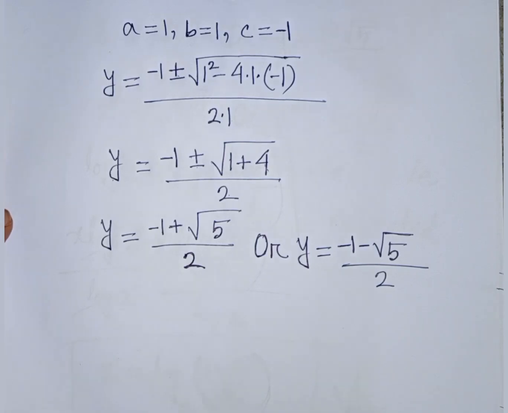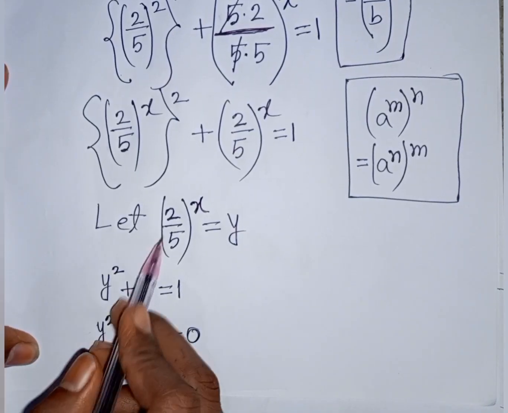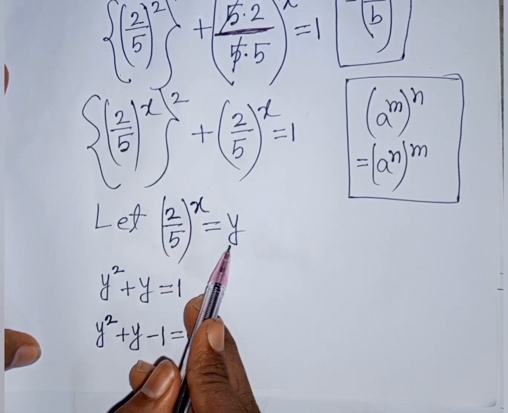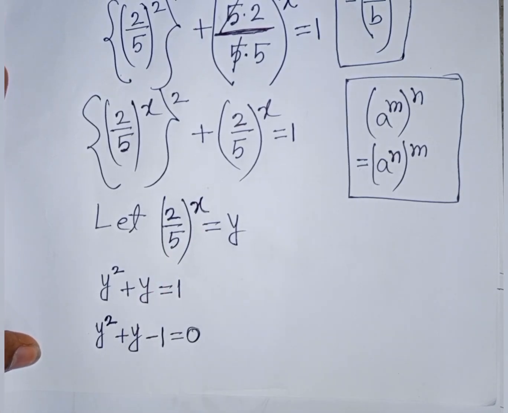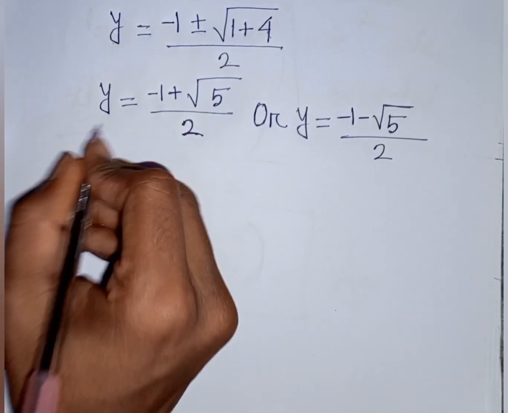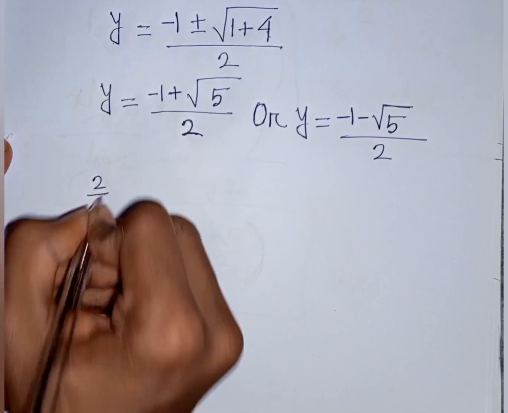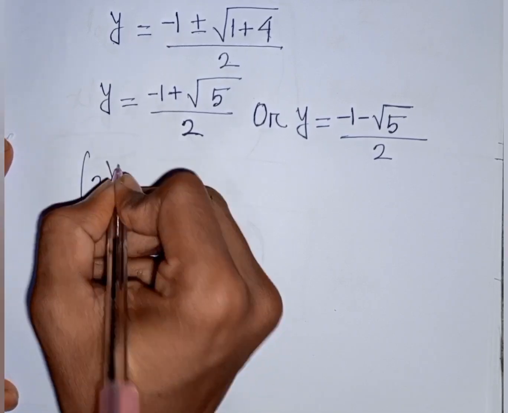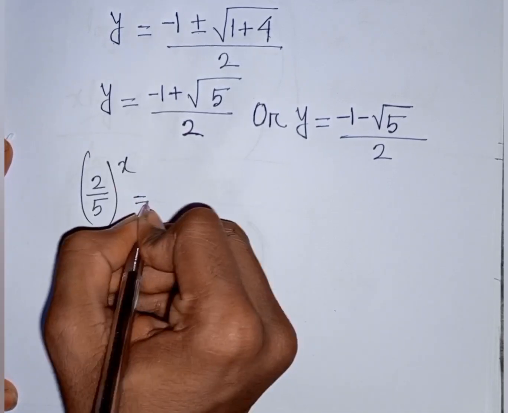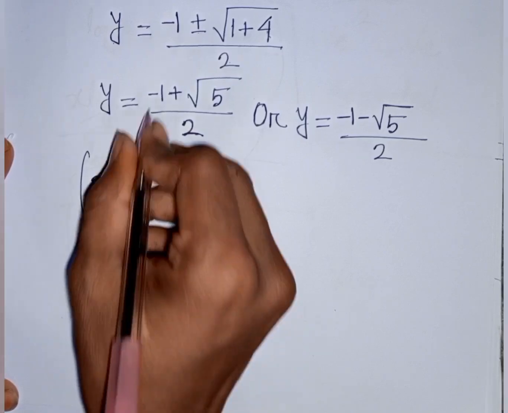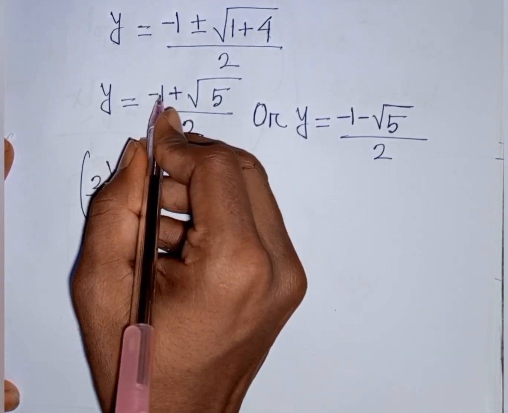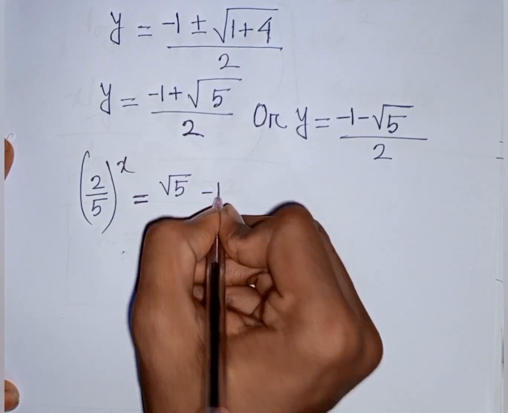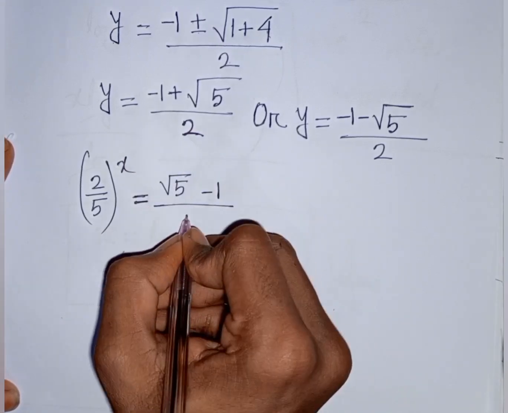But remember that we let 2 by 5 bracket power x be substituted by y. So y, that means 2 by 5 bracket power x, is equal to square root of 5 minus 1, divided by 2.